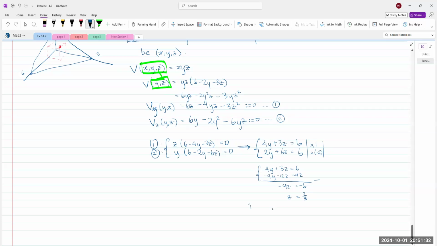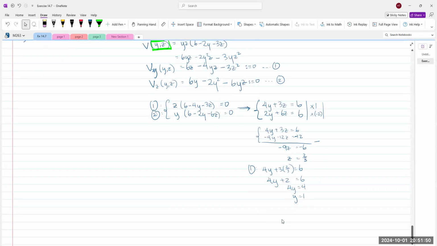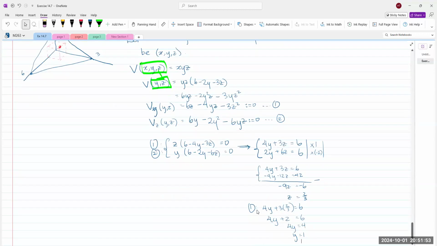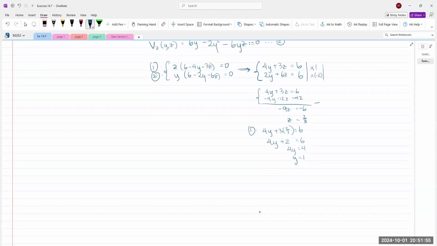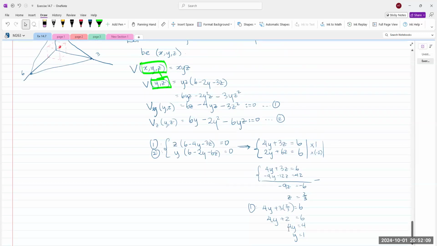Plug that into the first equation: 4y plus 3 times 2/3 equals 6, 4y plus 2 equals 6, 4y equals 4, y equals 1. For the critical point in y, z, the critical point will be (1, 2/3). That will give us the largest, I believe.